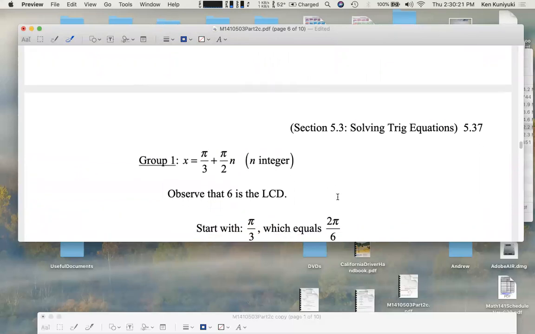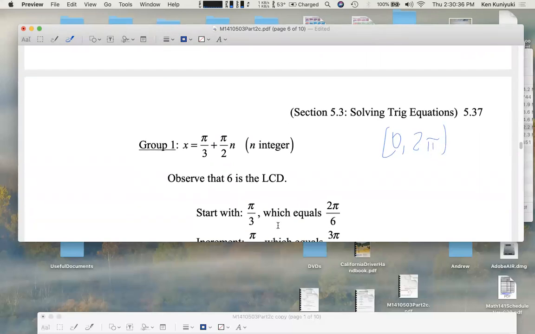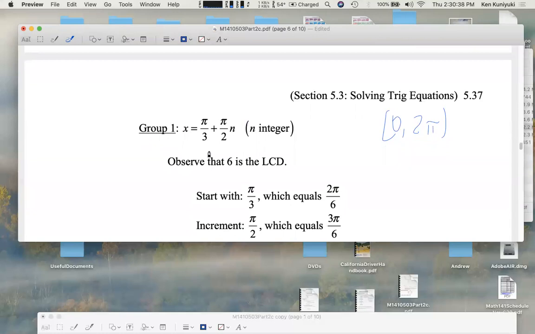Now, when n equals 0, this term dies out, and we're just left with pi over 3. And pi over 3 is in the interval we want, from 0 to 2 pi. And then we're going to increment. We're going to keep adding, and if necessary, subtract by pi over 2 to get more solutions in this interval.